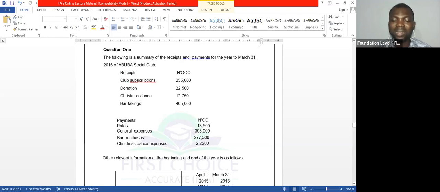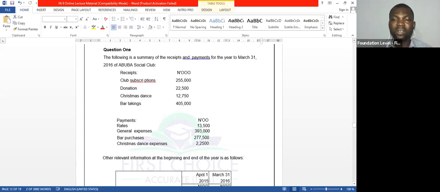We also said there are some similarities and differences between the income statement and the income and expenditure account. The similarity is that both use accrual basis, but the difference is in their terminology. The income statement uses profit or loss, while the income and expenditure statement uses surplus or deficit.